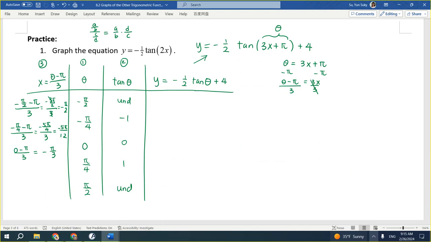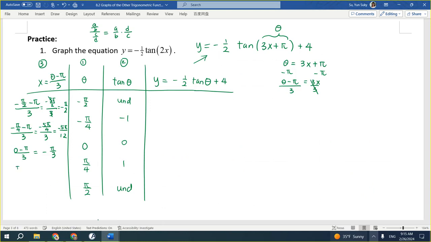Everybody okay up to this side? The steps are very important. We figure out the theta and the tangent theta column. Now we're working on the x column.